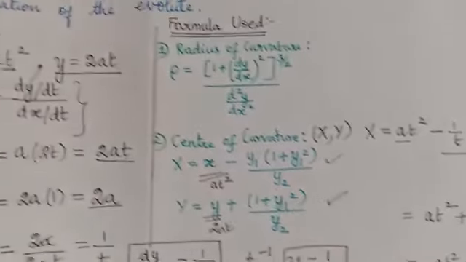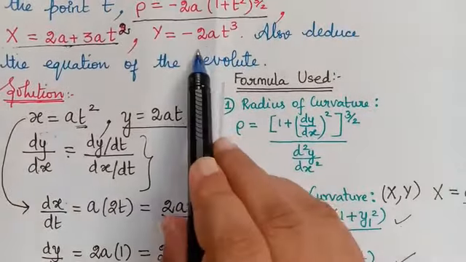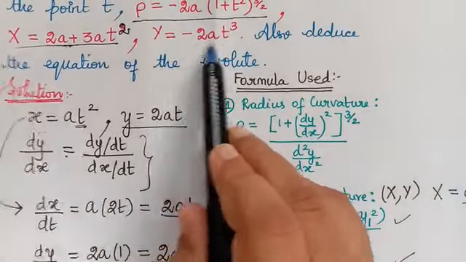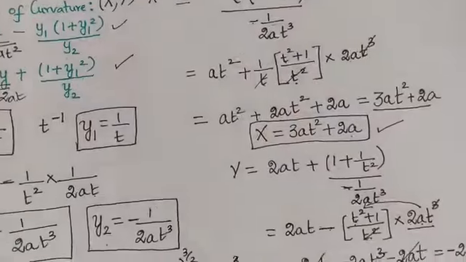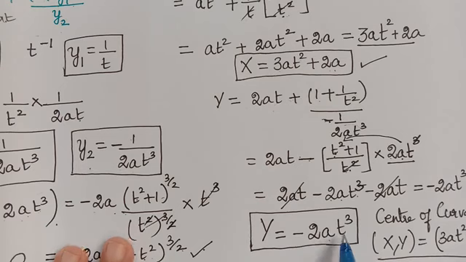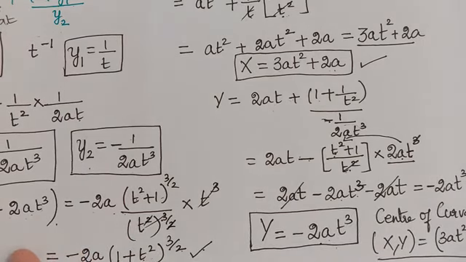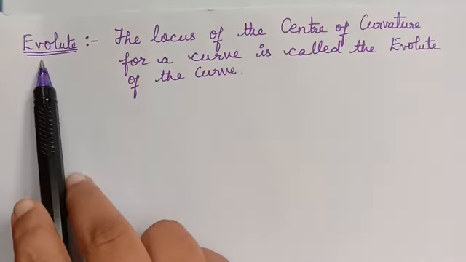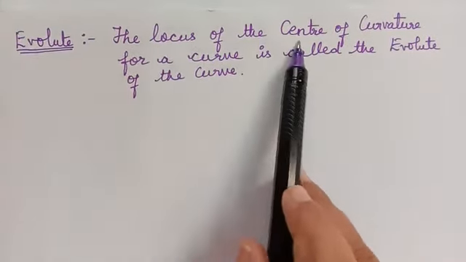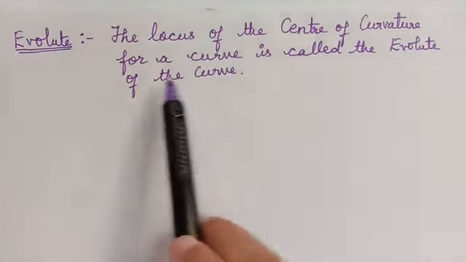And then we have to prove that y is equal to minus 2at cube. So we have proved this here. We have proved that y is equal to minus 2at cube. Now next we have to find the evolute of this parabola. By definition, the locus of the center of curvature for a curve is called the evolute of the curve.